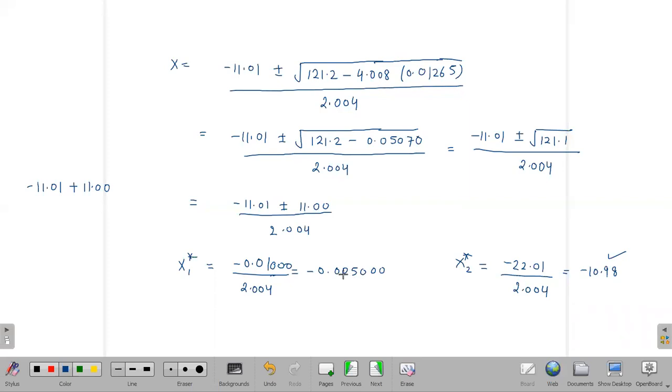Actually, our technique is to remove the subtraction of two nearly equal numbers from here. Then you will not get the loss of significance. So it is not the case. You can add any zeros here by matching the significant digits. That you will get four significant digits, no problem.